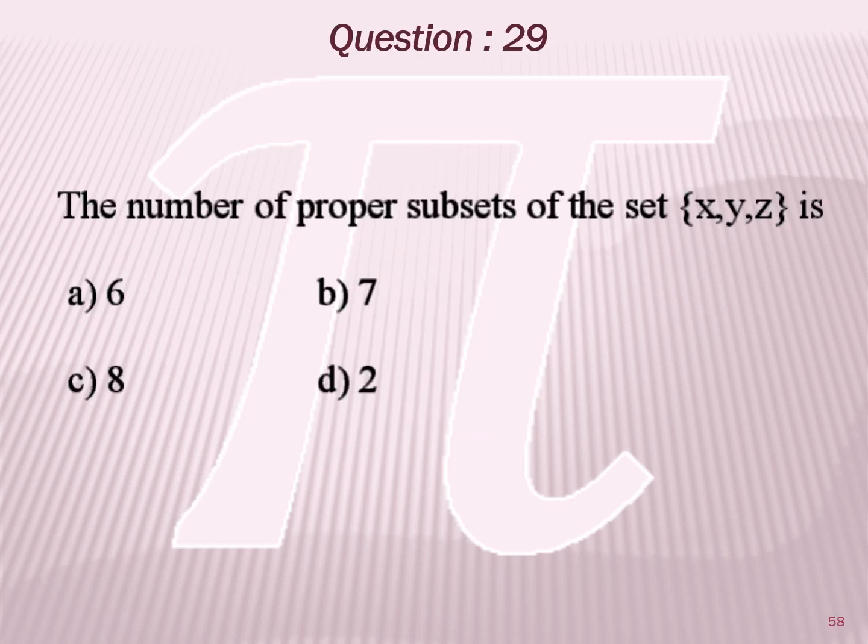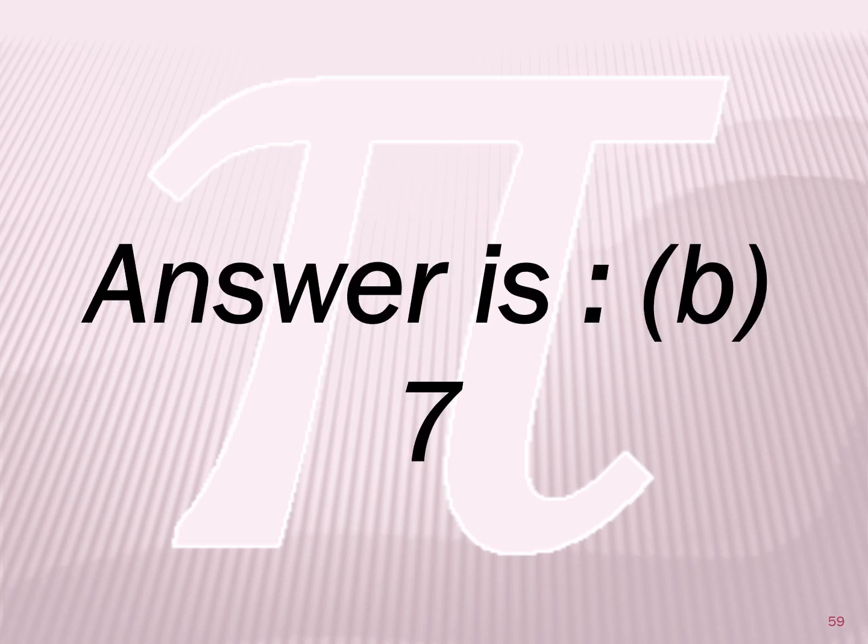The number of proper subsets of the set containing three elements x, y, z. Option A 6, option B 7, option C 8, option D 2. This question is option B, that is 7.